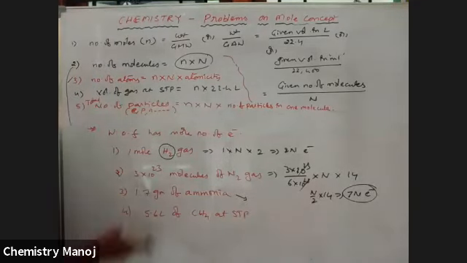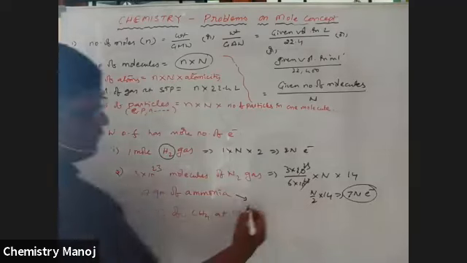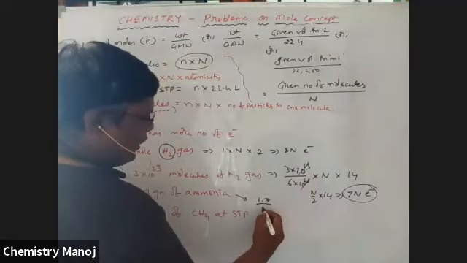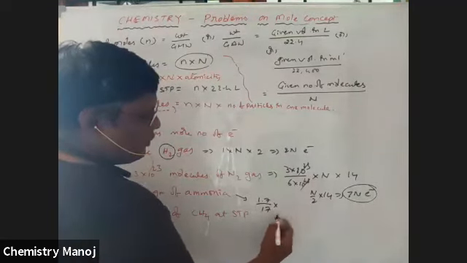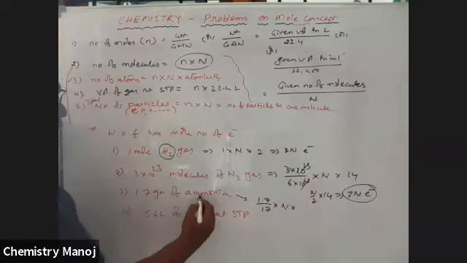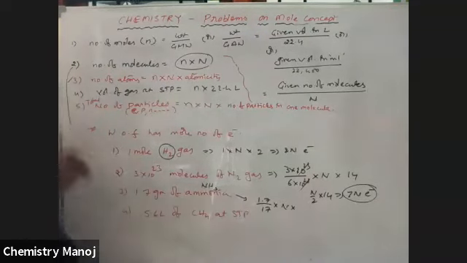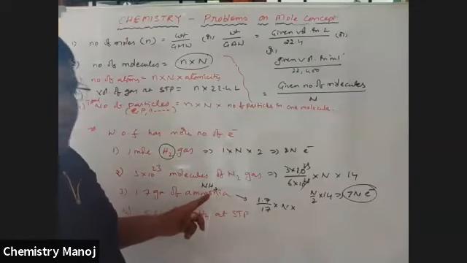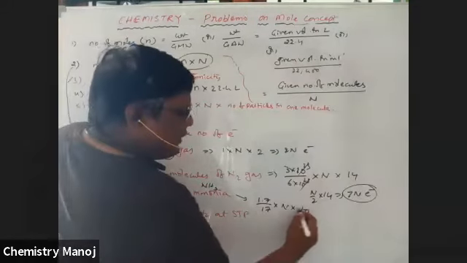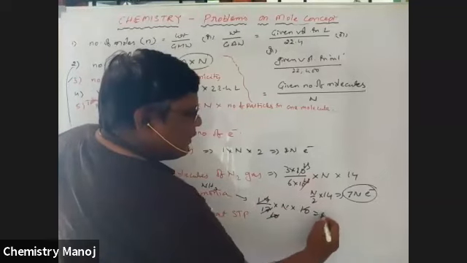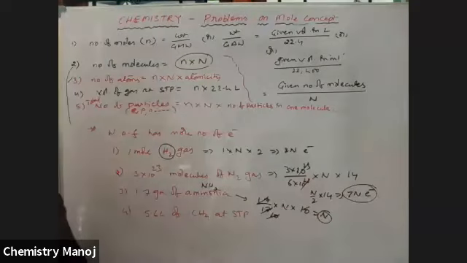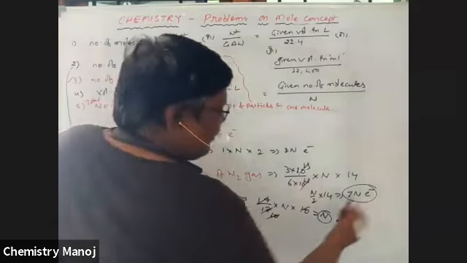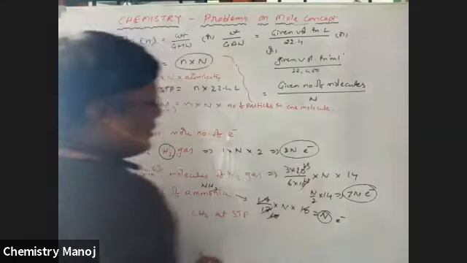Next, 1.7 grams weight is given, so moles is weight by molecular weight. Molecular weight of ammonia is 17, into Avogadro number. Ammonia is NH3: nitrogen has 7, each hydrogen has 1, 3 hydrogens, so 7 plus 3 is 10. 10 and 10 cancel, that is N electrons.